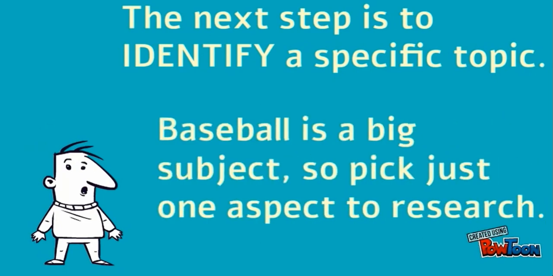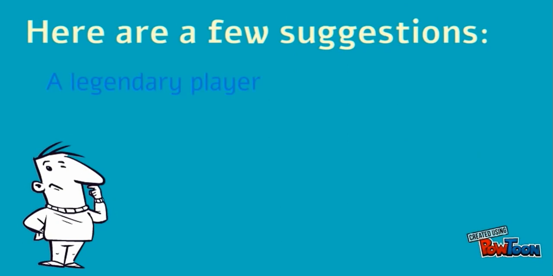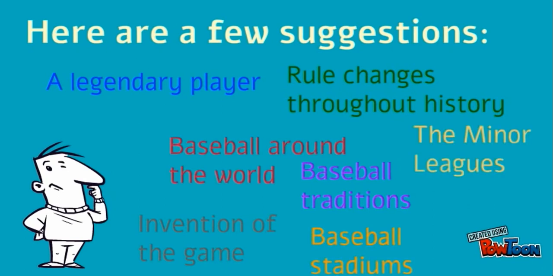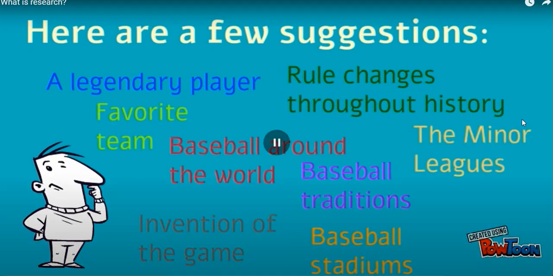So this is the step where you identify a specific topic. Just now for this example, this guy basically loves to do research about baseball. Baseball is so big, so you need to have a specific topic. What is the specific study that can be done related to baseball?